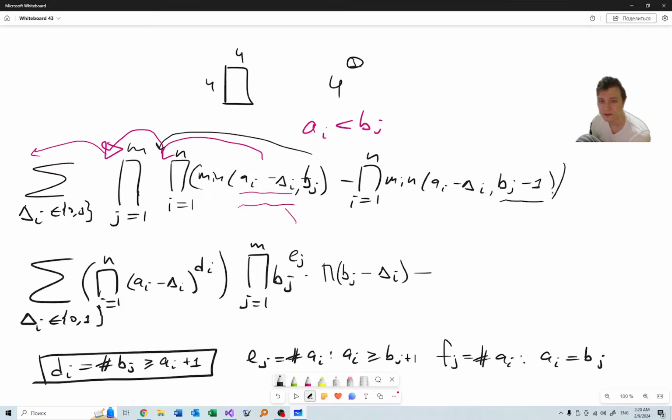So we have b_j minus 1. Again, if this number was at most b_j minus 1, it was already removed here. So now we have simply b_j minus 1 to the power e_j plus f_j.